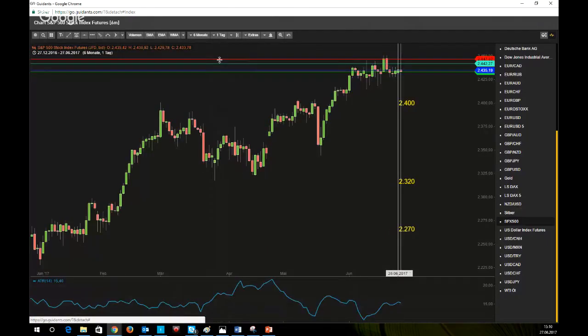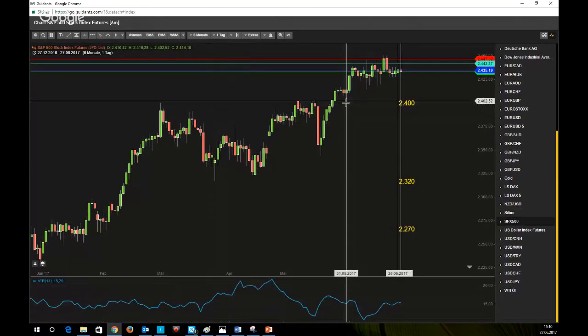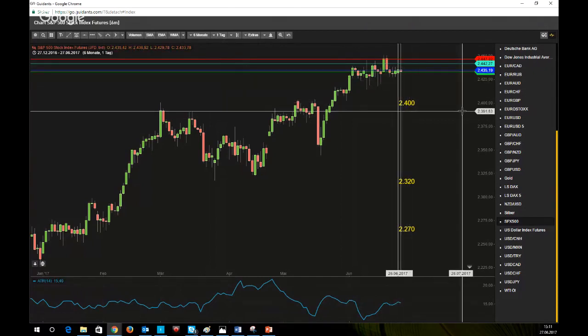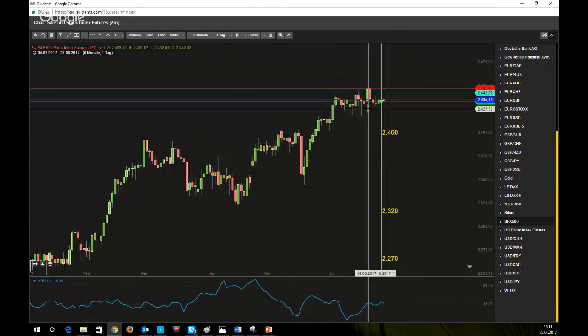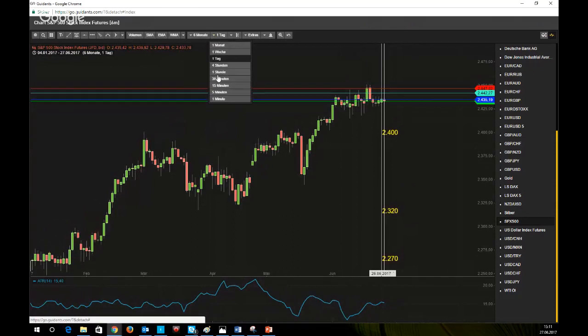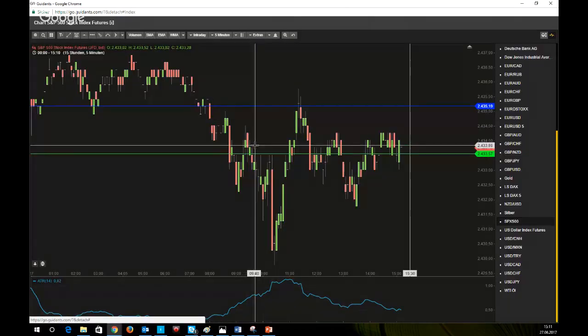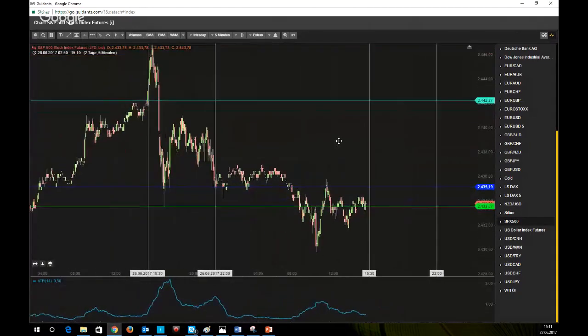I'm sorry, this is the weekly chart. So here to this level. What I did already is prepare the chart for today, so that we can formulate a trading setup once the market opens.